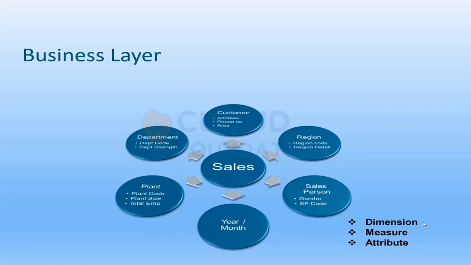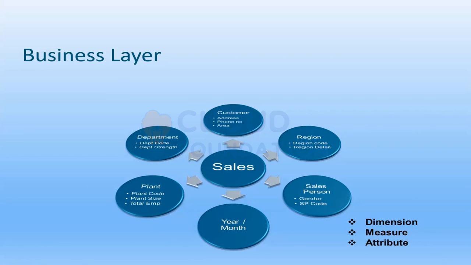Here, as you see, dimension, measure, attribute. We need to know these three things, which are very important. Dimension is text data like customer name, product name, state, country, region name. These all come under dimension. It is text data. Measure is like a KPI, key performance indicator. It is like a number. What is the quantity?